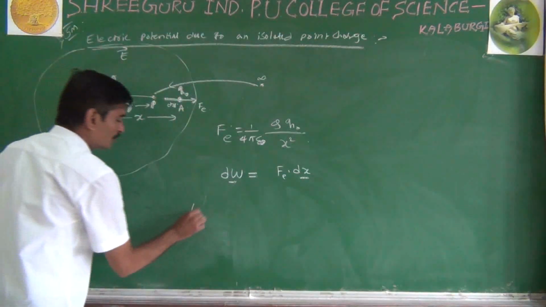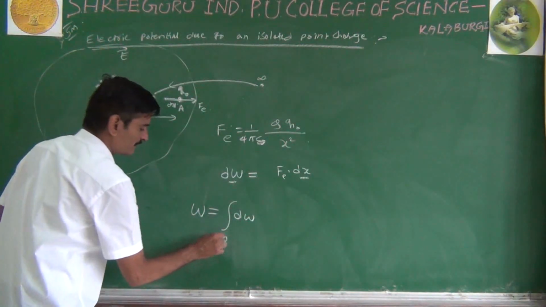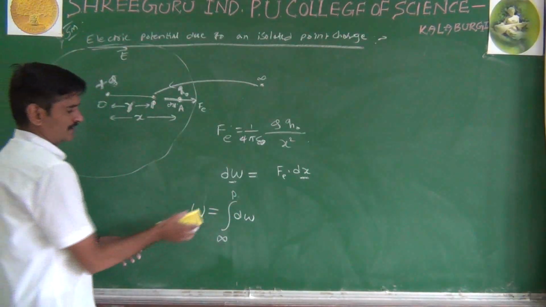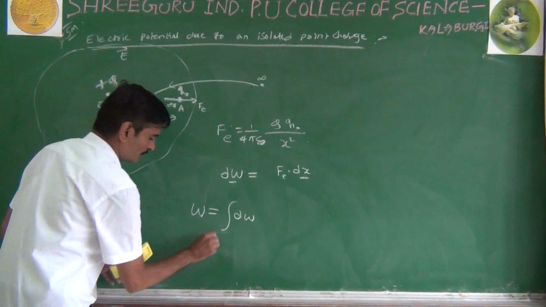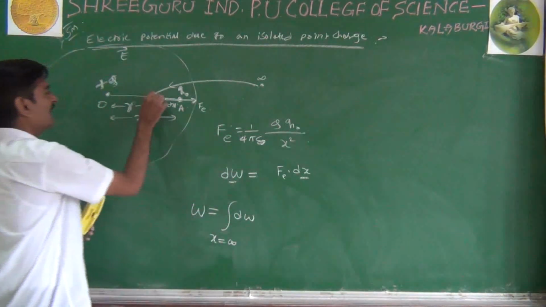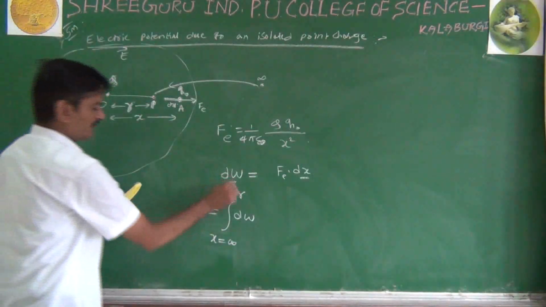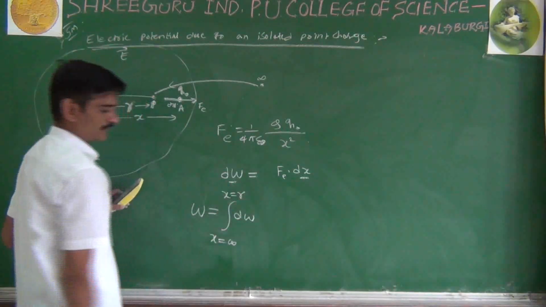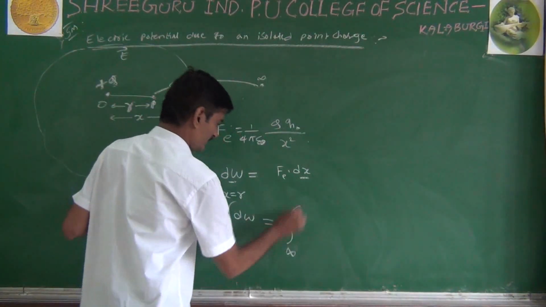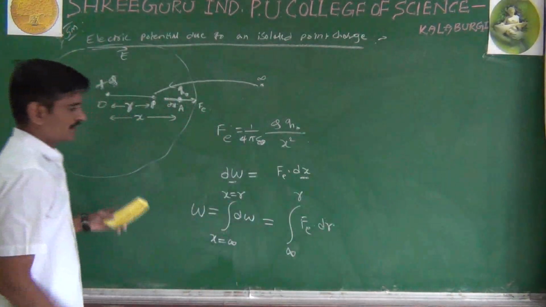That is, total work done is equal to the integration of dW from where to where? From infinity to the point P. Let us define the limits: at this point x is equal to infinity, and at this point x is equal to r. So the integration of dW from x equal to infinity to r is the integration from infinity to r of Fe dot dx.